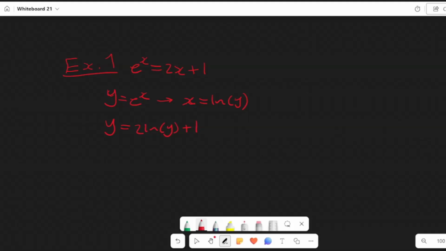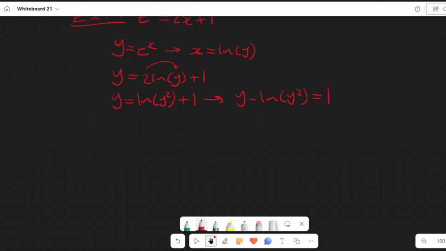And what I can do is actually move this here. And what I get is y is equal to 2, or the natural log of y squared, plus 1. And then what I can do is subtract the natural log of y squared. And what I get is y minus natural log of y squared equals 1.